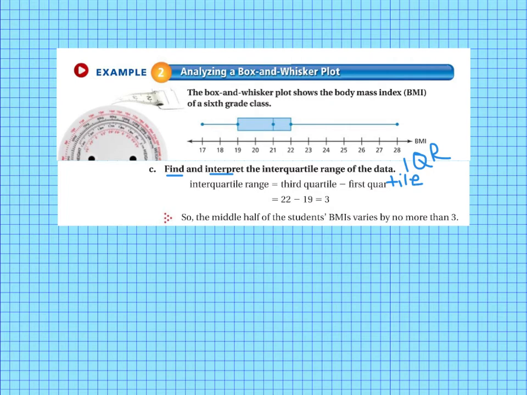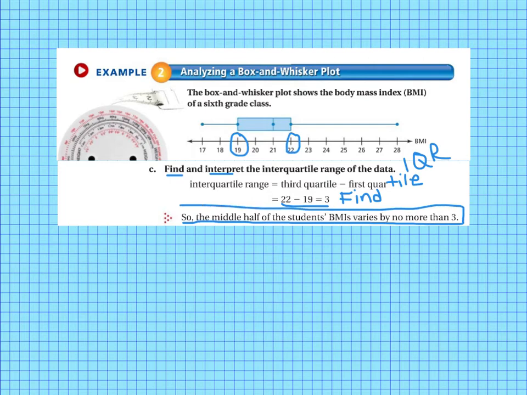And so we can just look at our plot here to find the third quartile minus the first quartile. 22 minus 19 equals 3. So this is the find it part. We calculated it. And the interpret it part is where we write it in a sentence like this. So the middle half of the student's BMIs varies by no more than 3.